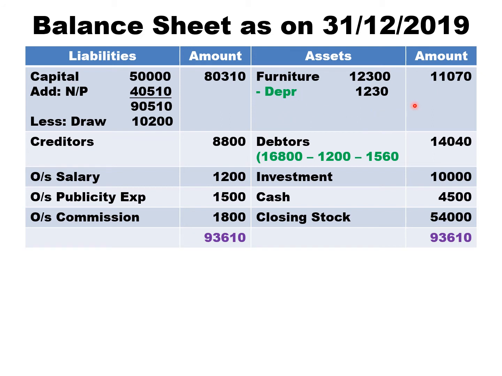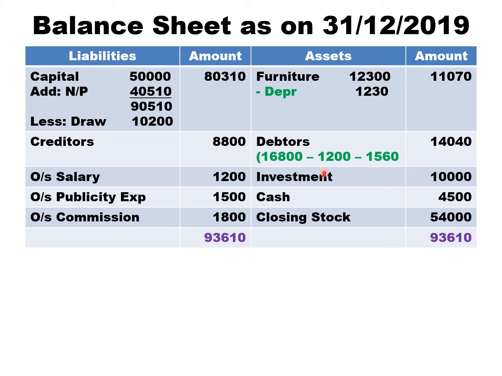Furniture less depreciation. Debtors 16,800 less two amounts given in the adjustments: 16,800 minus 1,200 minus 1,560. So this 1,200 is called bad debts, 1,560 is called new RBD. You should deduct only which is given in adjustment.